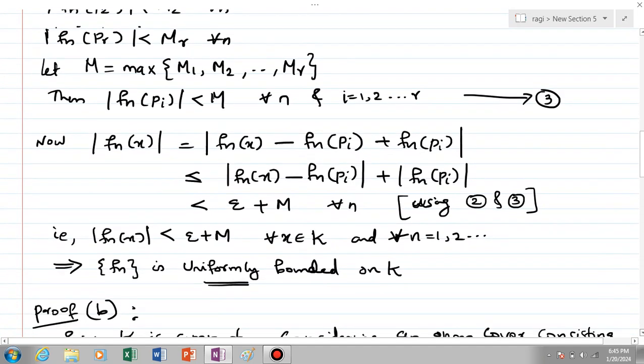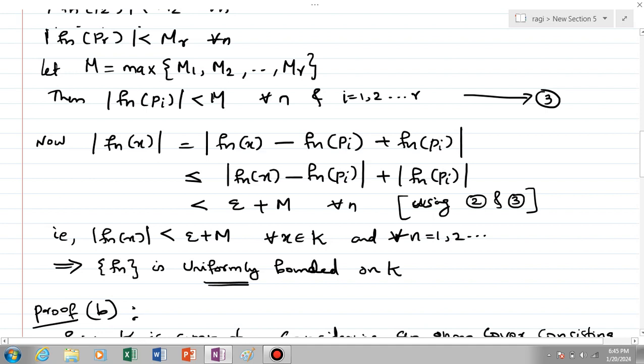Now we are going to the main portion; we have to prove that f_n is uniformly bounded on K. So we are checking modulus of f_n(x). Now modulus of f_n(x) is equal to modulus of f_n(x) minus f_n(pi) plus f_n(pi). That is, we are adding and subtracting a term f_n(pi), and by the properties we can write this as less than or equal to modulus of f_n(x) minus f_n(pi) plus modulus of f_n(pi).